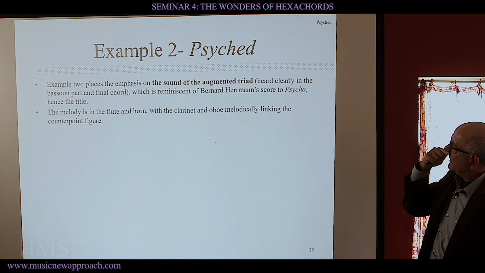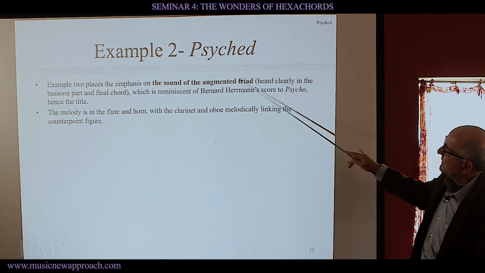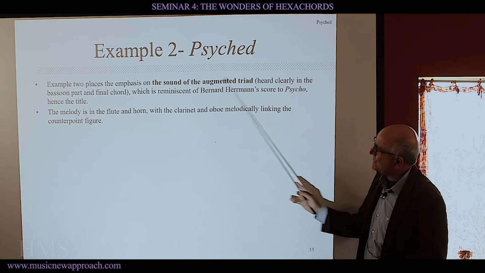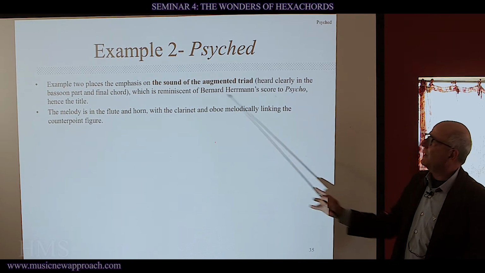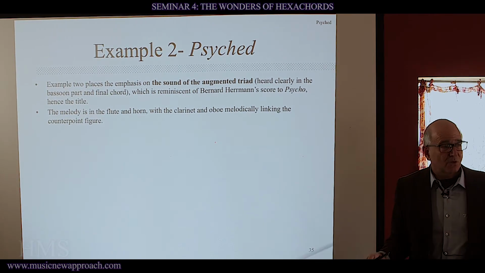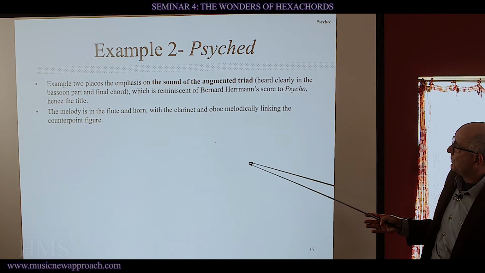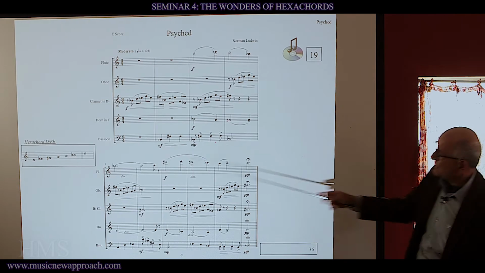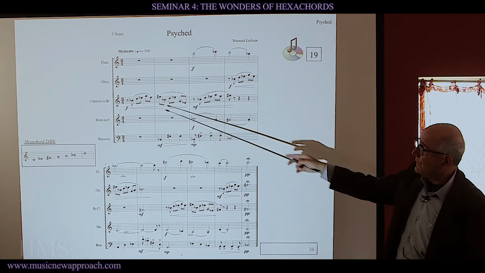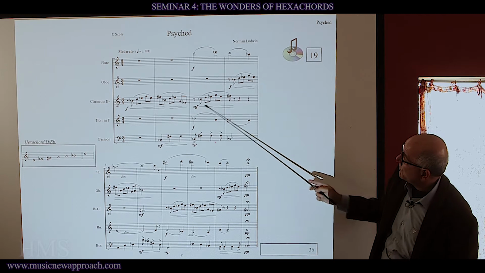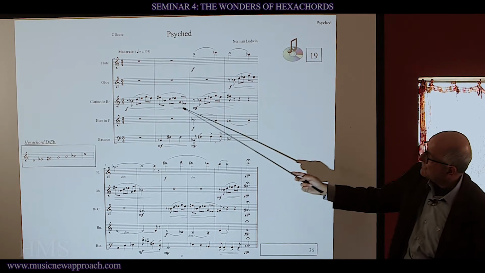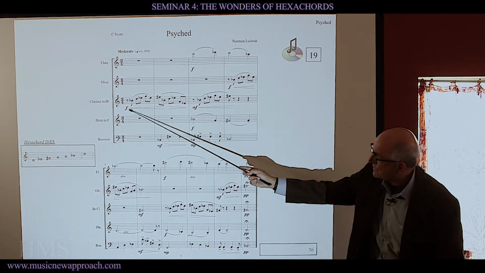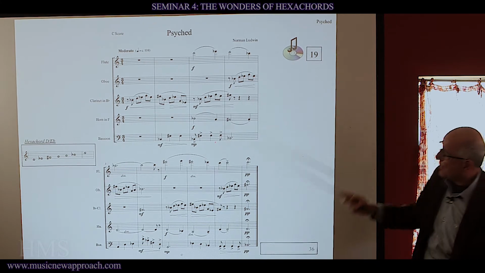Now, this next example called Psyched, I'm using more elements of the augmented triad, because the augmented triad is also in our hexachord. So here's our hex again. The clarinet is playing this, it's always the hex. So the hex is getting cycled initially in clarinet, going up to the oboe.